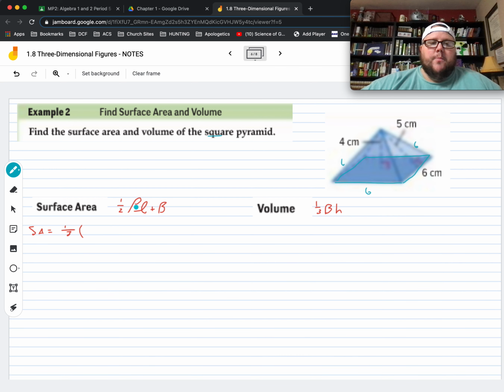So the perimeter P is 4 times 6. And then we're going to multiply that by the slant height. The slant height is this guy here, and it's telling me that it's 5 centimeters. So this is times, not minus, times 5 centimeters.